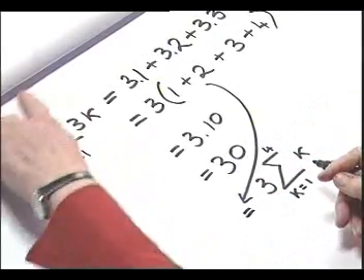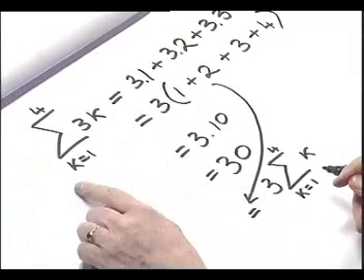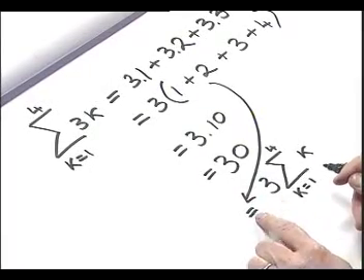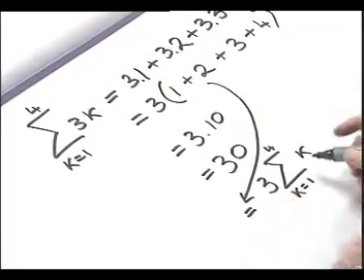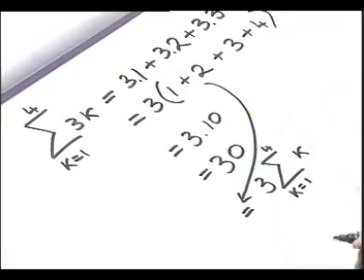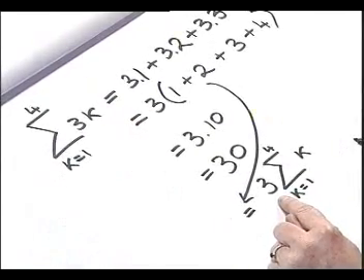So our expression that we started off with, sigma of 3k for k equals 1 to 4, equals 3 times sigma of k from k equal 1 to 4. So effectively we've factorised that 3 from our first expression, and we've brought it outside the sigma notation.